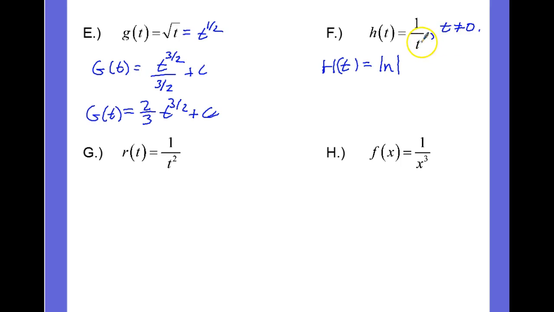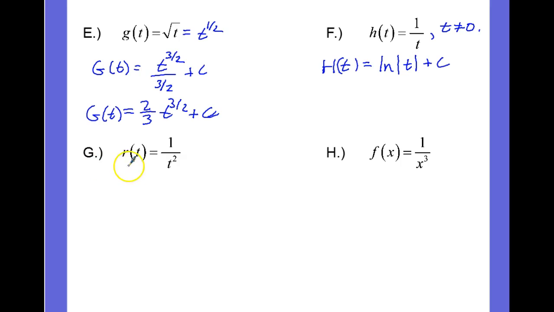So that means that t can be negative. To handle that, I can't take the natural log of a negative number, so I'm going to need to put this in absolute values. So now the derivative of the natural log of the absolute value of t is going to give me 1 over t. And in that case, t could be positive or negative.